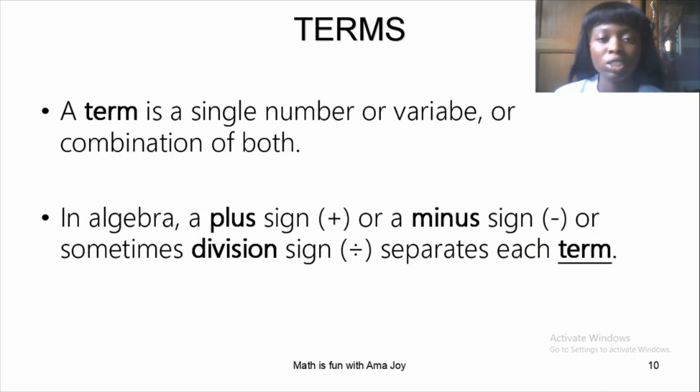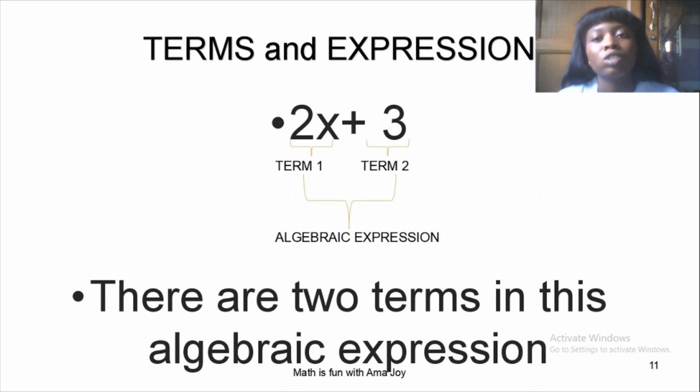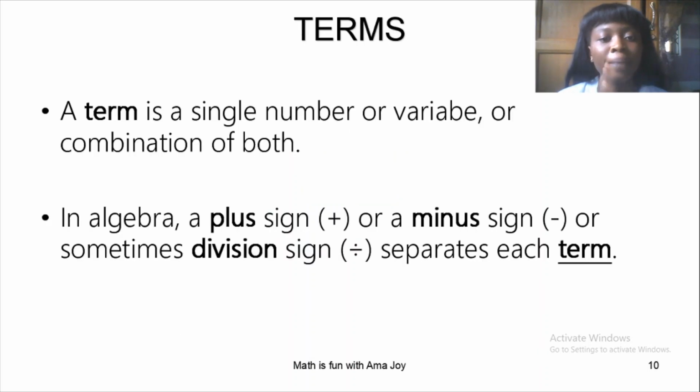Okay, so let's go to the next slide to see terms and expressions. This whole thing is called an algebraic expression. 2x plus 3 is an algebraic expression. But in this 2x plus 3, we said the plus sign or the minus sign or sometimes the division sign separates each term.